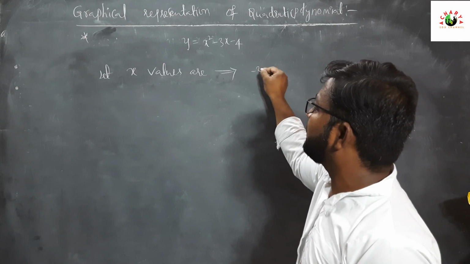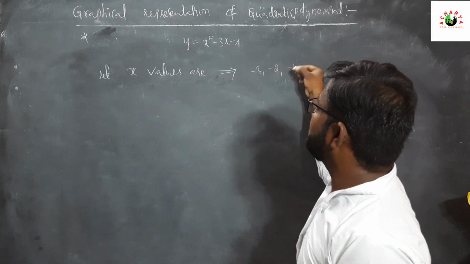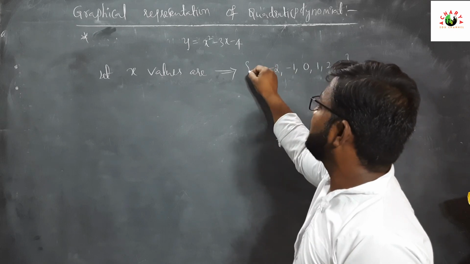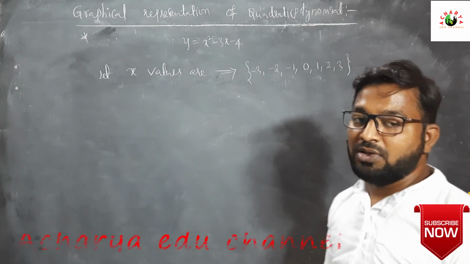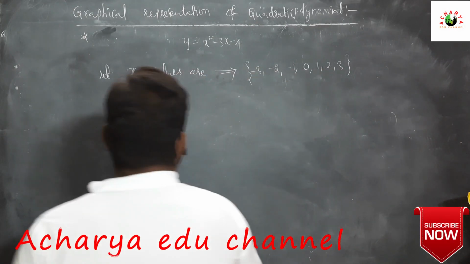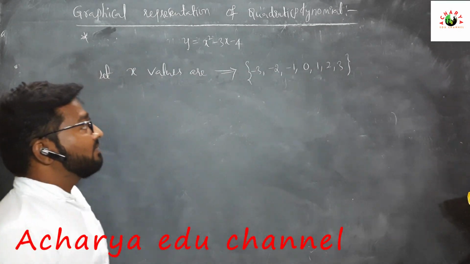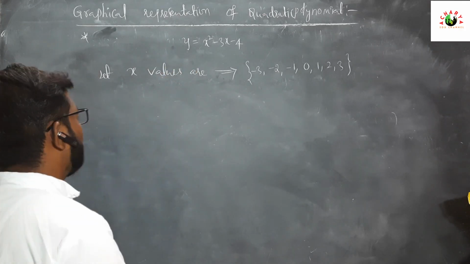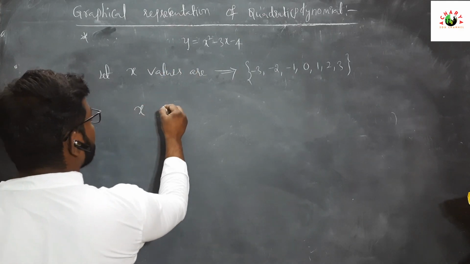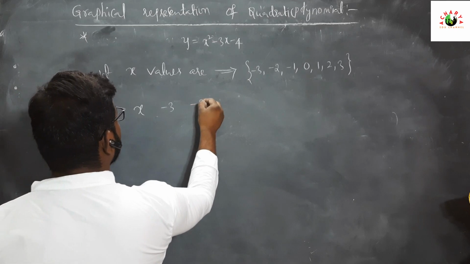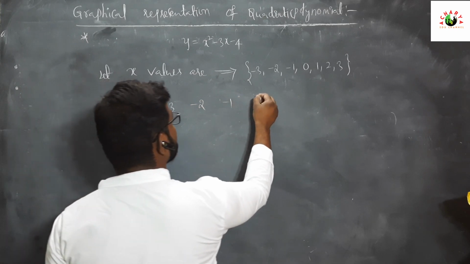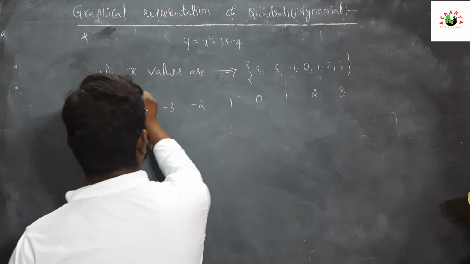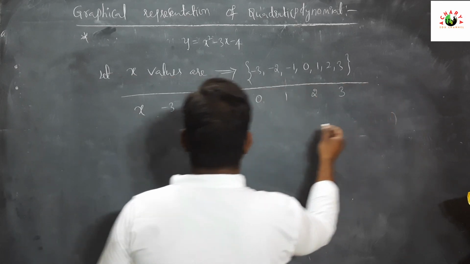I am taking here minus 3, minus 2, minus 1, 0, 1, 2, 3. These all are x values. Next, by using the x values we have to find the values of y.